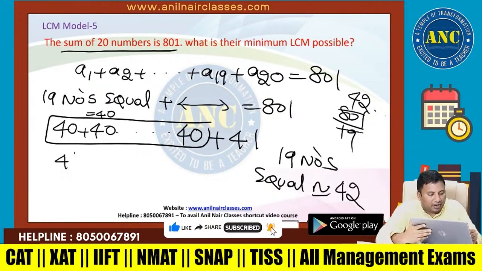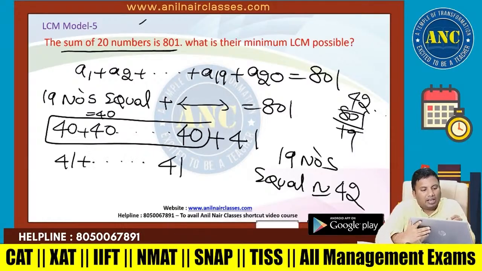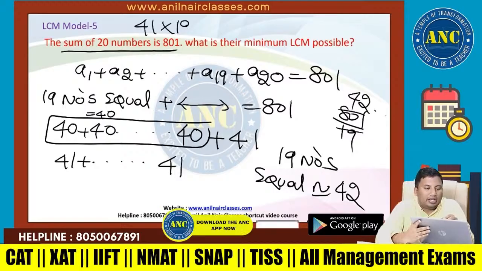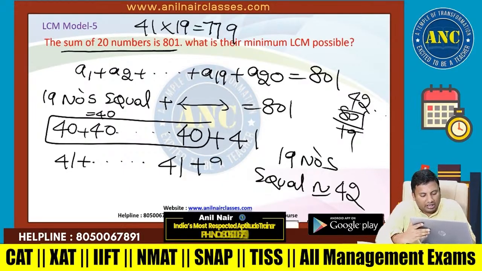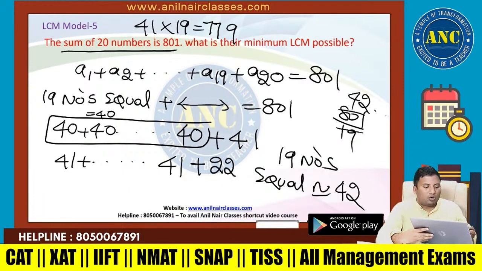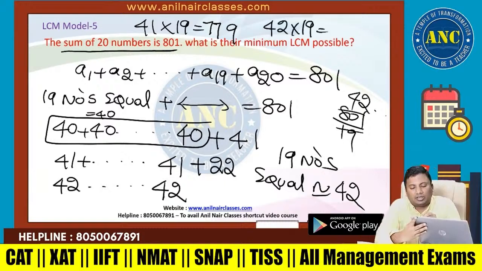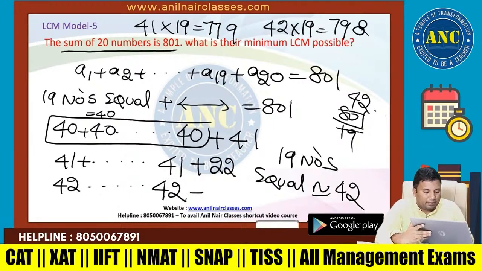Let me take 41. 41 added 19 times is 779. 779 plus 22. Next number could be 42. 42 added 19 times is 798, plus 3.